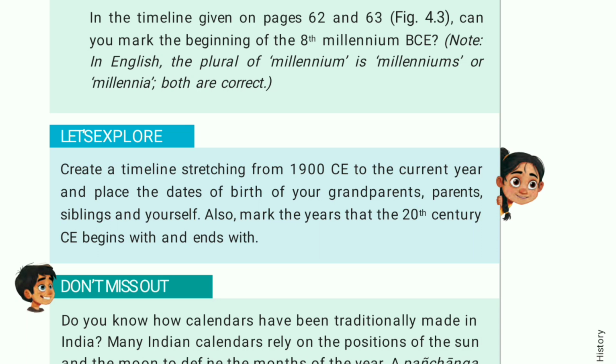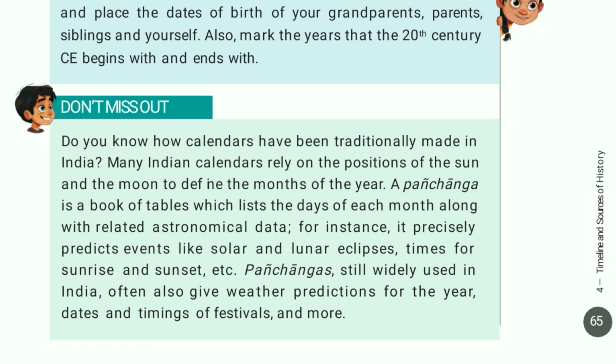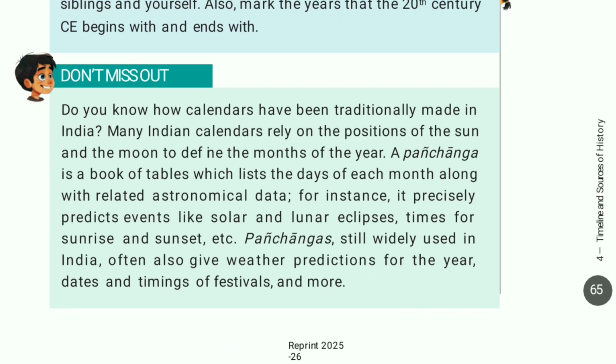Don't miss out. Do you know how calendars have been traditionally made in India? Many Indian calendars rely on the positions of the sun and the moon to define the months of the year. A panchang is a book of tables which list the days of each month, along with related astronomical data.